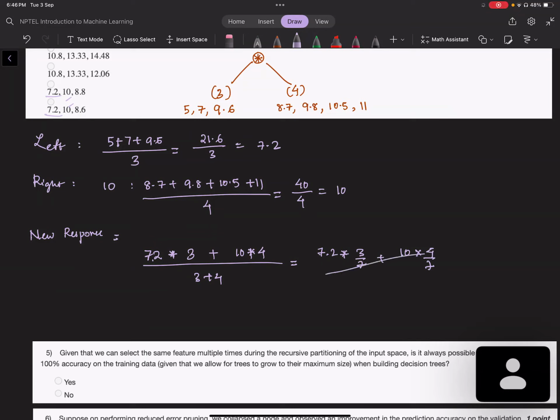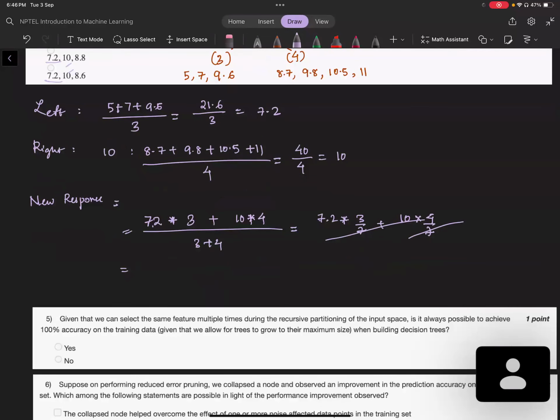So this will be 7.2 times 3 is 21.6, plus 40, by 7. 61.6 by 7 is 8.8.